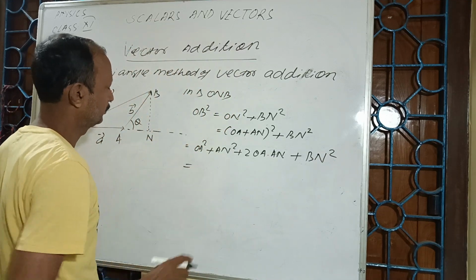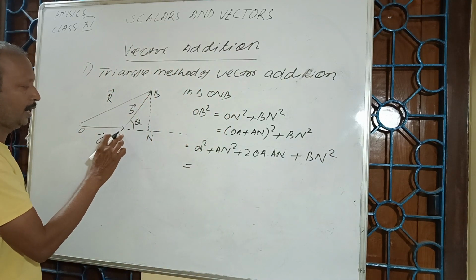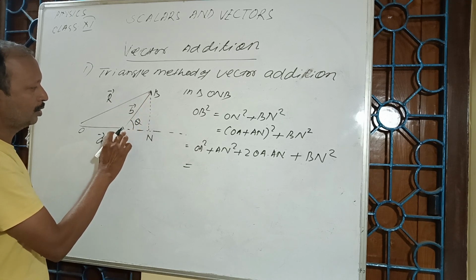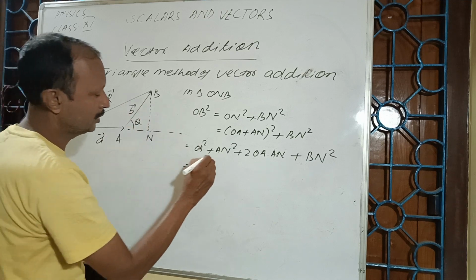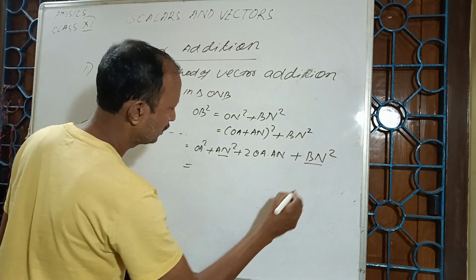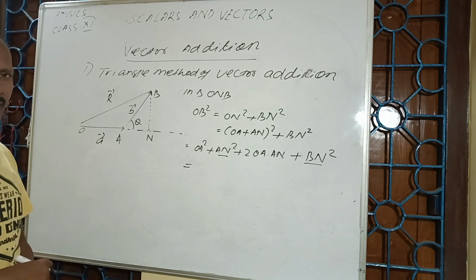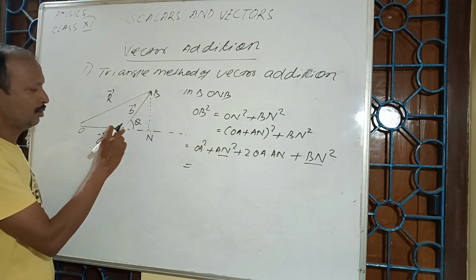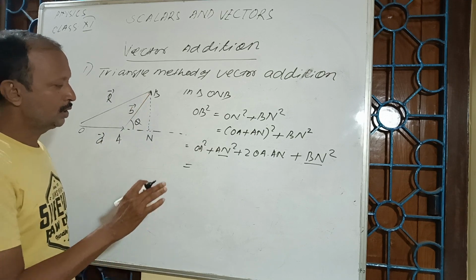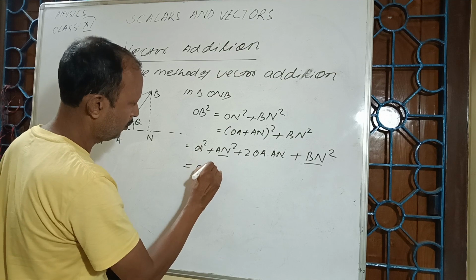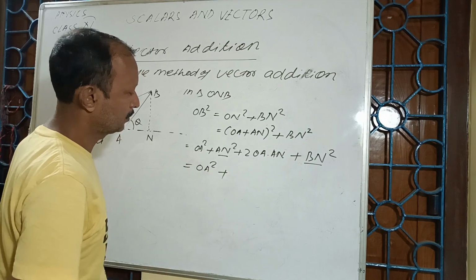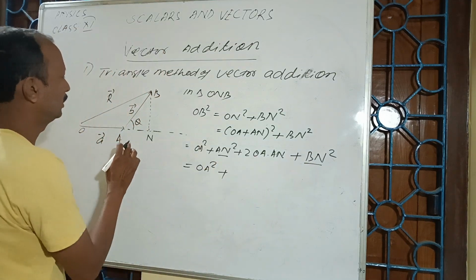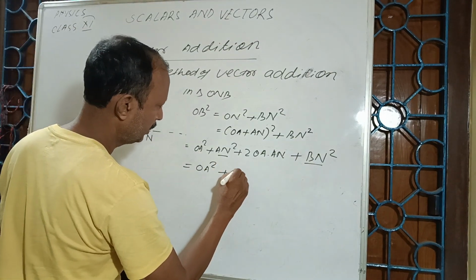Let us see here. Now in this small triangle A and B, we know that AB square is equal to AN square plus BN square, because this is a right angle triangle. So here I am writing OA square plus, in place of AN square plus BN square, I am writing AB square.